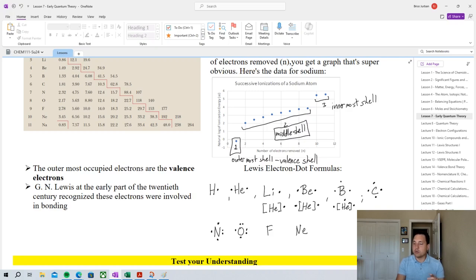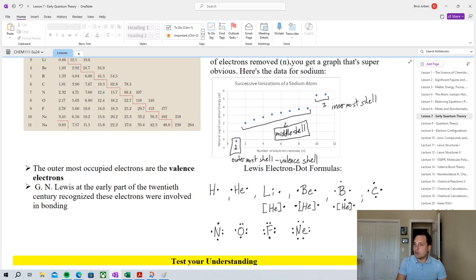So we'll put dots around it, and then we'll pair them up individually. And then we get to neon, which has 8 outer electrons, 8 valence electrons.